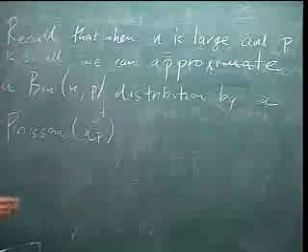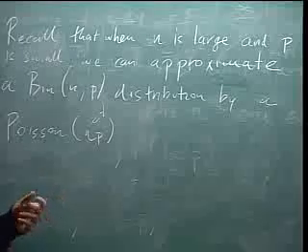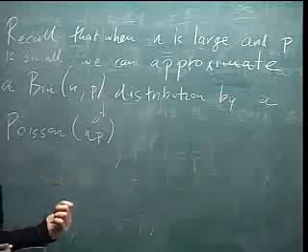So a Poisson random variable with mean n times p. This is a very useful fact, and this is what we'll use in this problem.